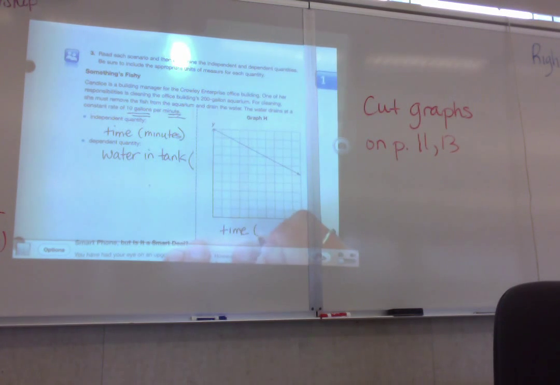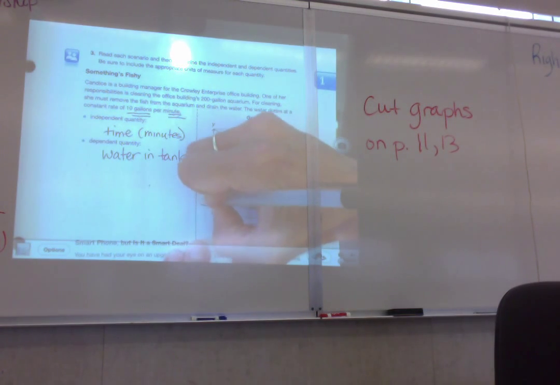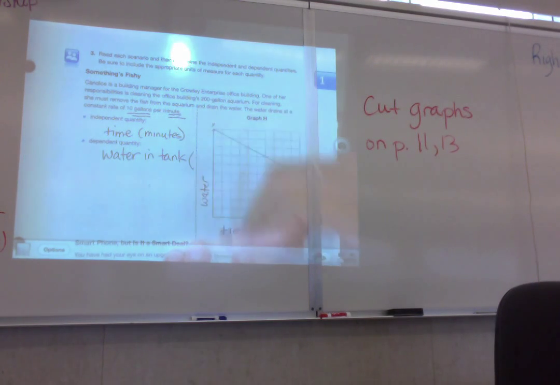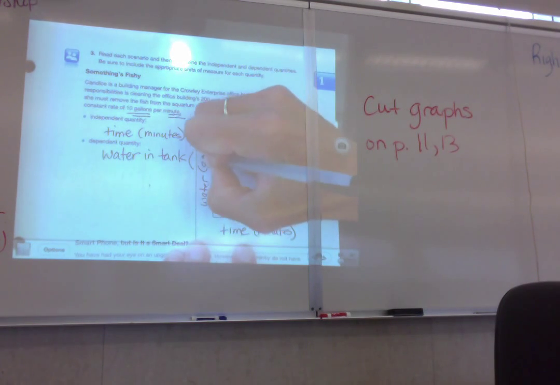And we're showing that we're measuring it in minutes. So, Andy, you guys are going ahead. Got the graph down. Time in minutes. The y-axis up and down is water, measured in gallons.